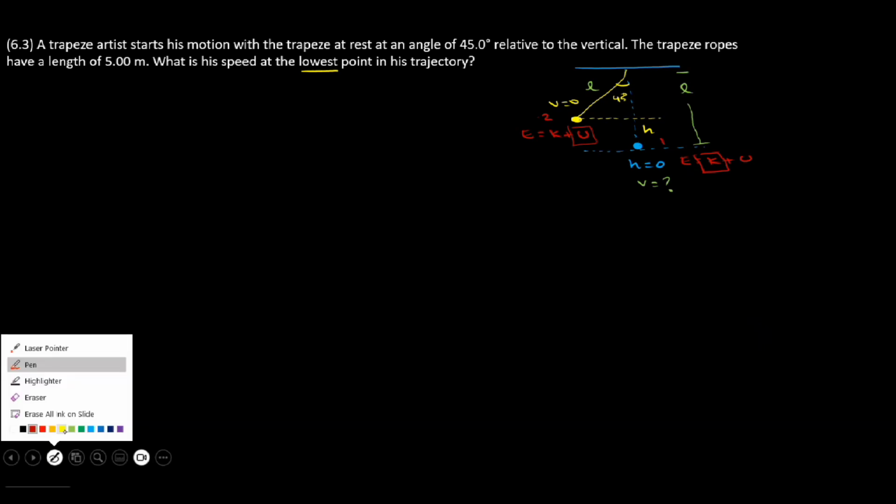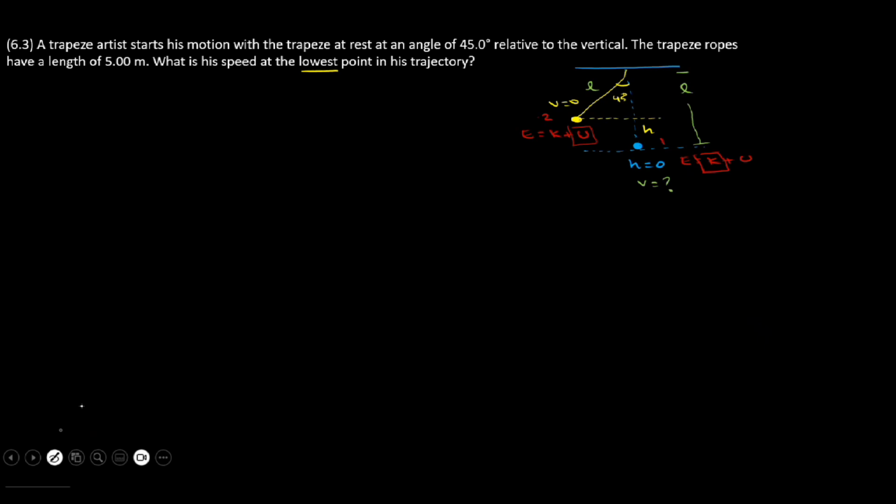So according to the law of conservation of energy, kinetic plus potential energy at point 1 must be equal to kinetic plus potential energy at point 2. At point 1, the entire energy is kinetic, so I'll write K1 equals, at point 2, the whole energy is potential, so U2.